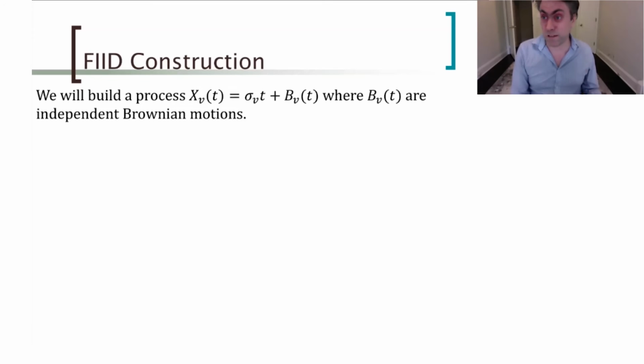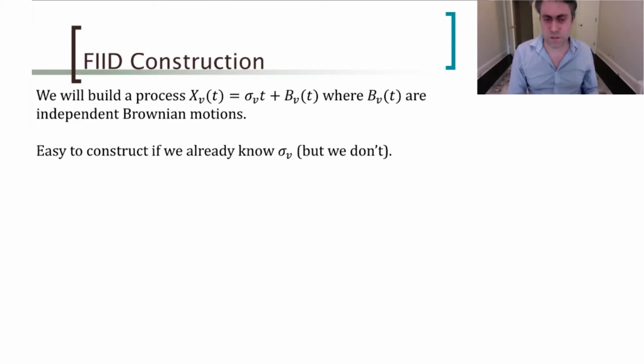So we're building a Brownian motion with drift, and the drift is either positive or negative, depending on the sign of sigma. Okay, and if we could construct this, then by taking the limit of x_v, that would tell us what sigma should be. So this is the object that we want to construct as a factor of IID.